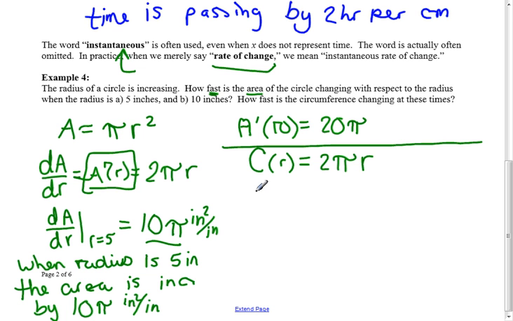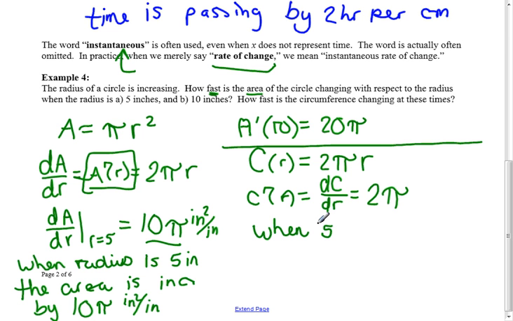So if we take the derivative of this, C prime of r, alright, or I'm going to also write it this way, dC/dr, then that's just going to be 2 pi. It's going to be a constant value. Alright, so let's just write the words here and we'll finish up. When the radius is 5 inches, comma, okay, the circumference is it increasing or decreasing?